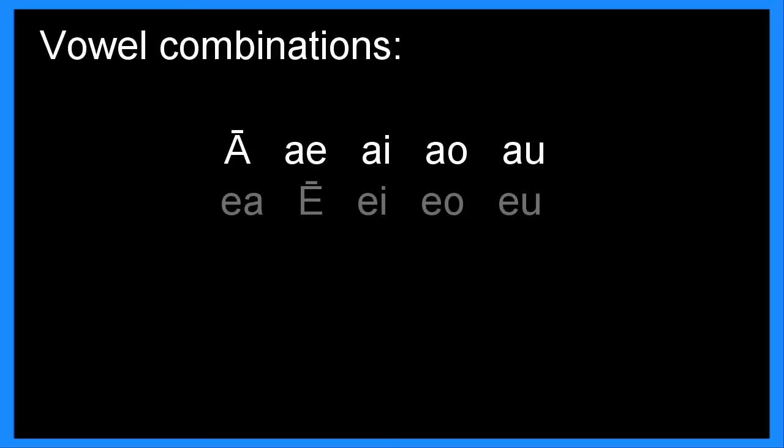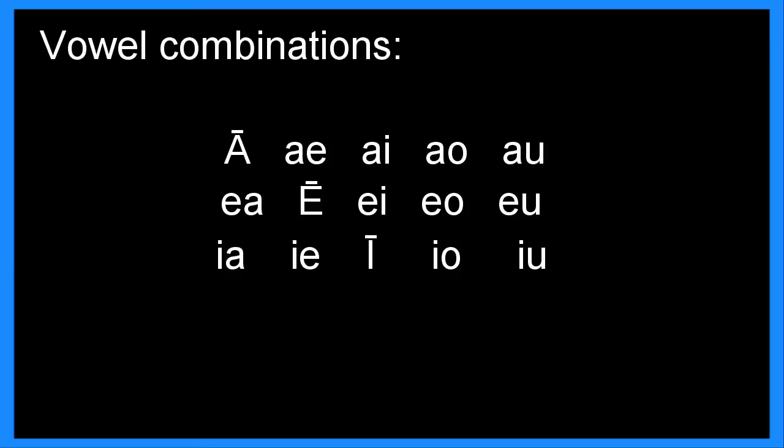Next we step through the E sounds. Ea, Ee, Ei, Eo, Eu. Next we step through the I sounds. Ia, Ie, Ii, Io, Iu.